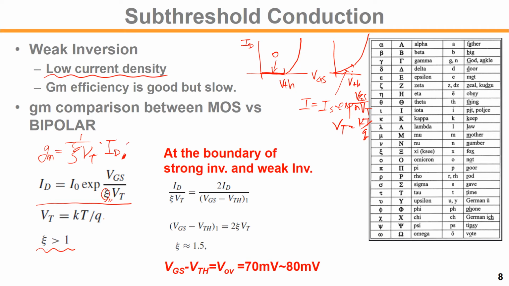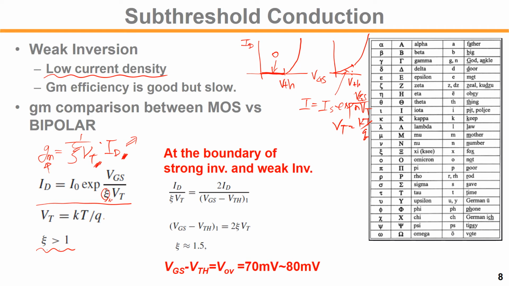In this region, similar to the BJT, the GM is large. For the same amount of current, you get the biggest GM in the MOSFET, because the VT here is only 26 millivolt.